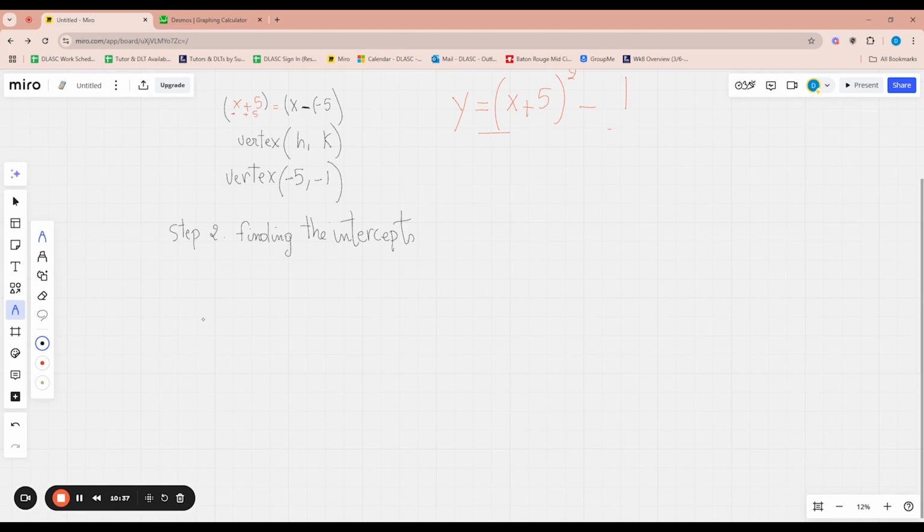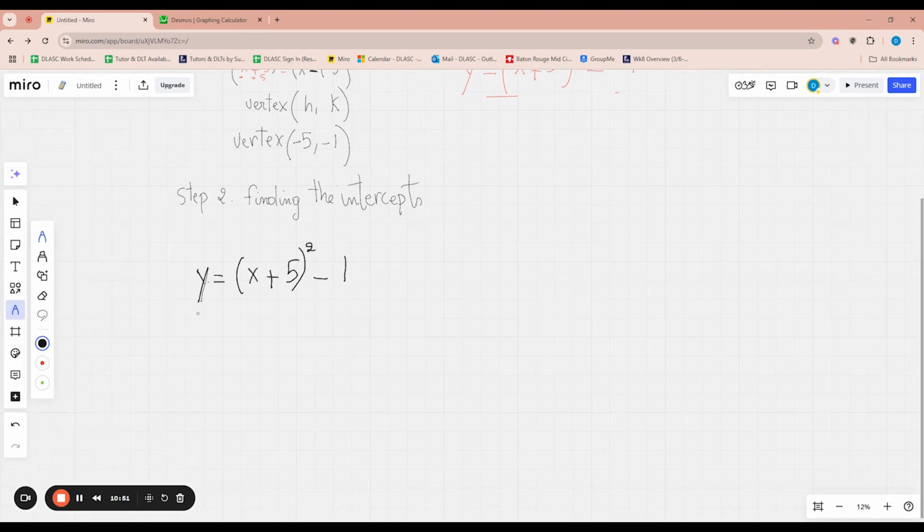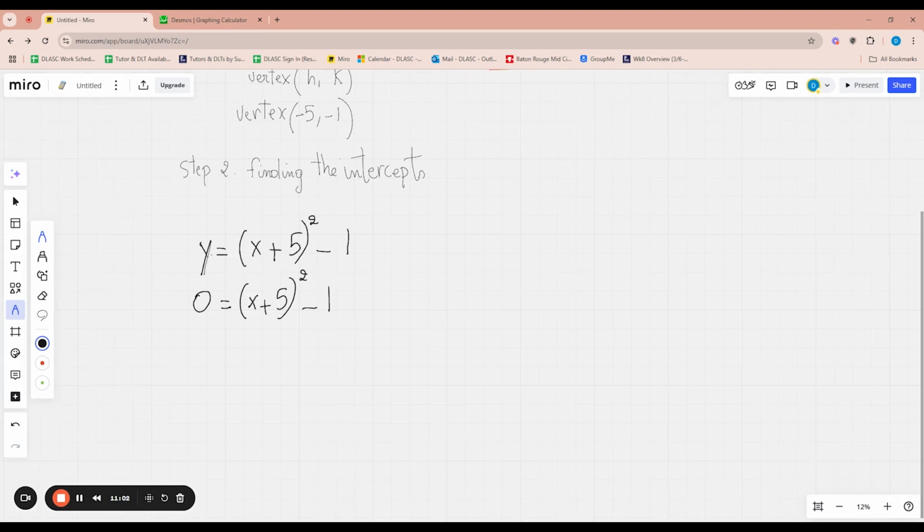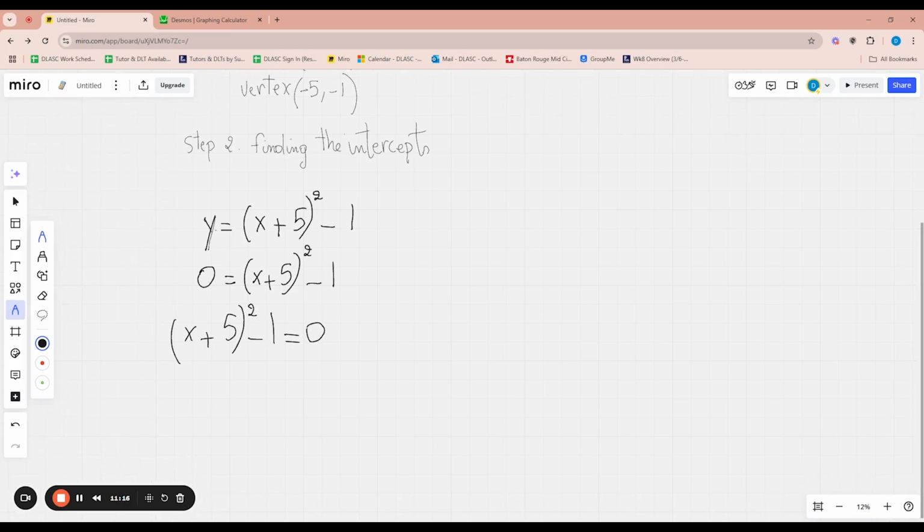Let me rewrite the equation again. We're gonna set y equal to 0, so that gives us 0 = (x + 5)^2 - 1. I just like to rewrite it like this, it's easier for me. You can work it the other way, it's the same; I just like to do the inverse.